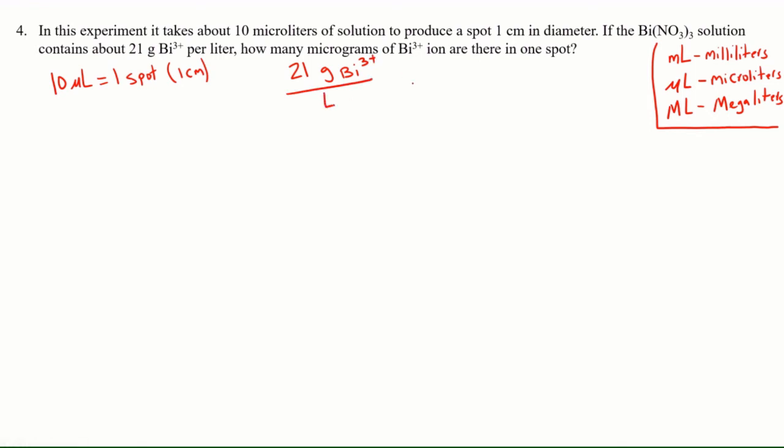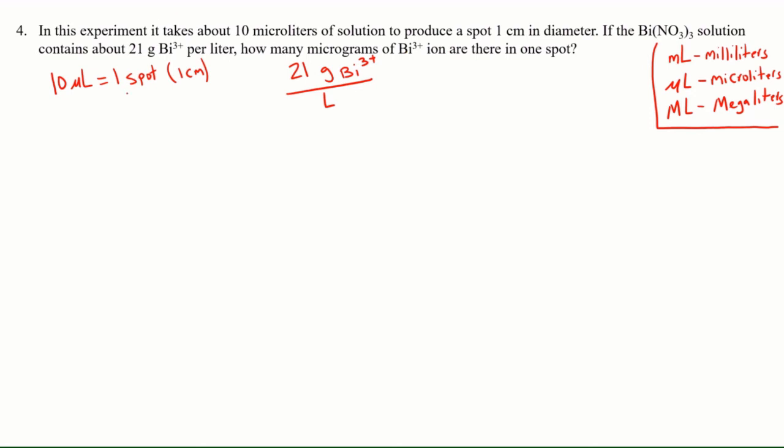Okay, next. How many micrograms of bismuth ions are there in one spot? So this here is information that's given. Now this is the information they're seeking, or asking for. They're asking for micrograms of bismuth in one spot.